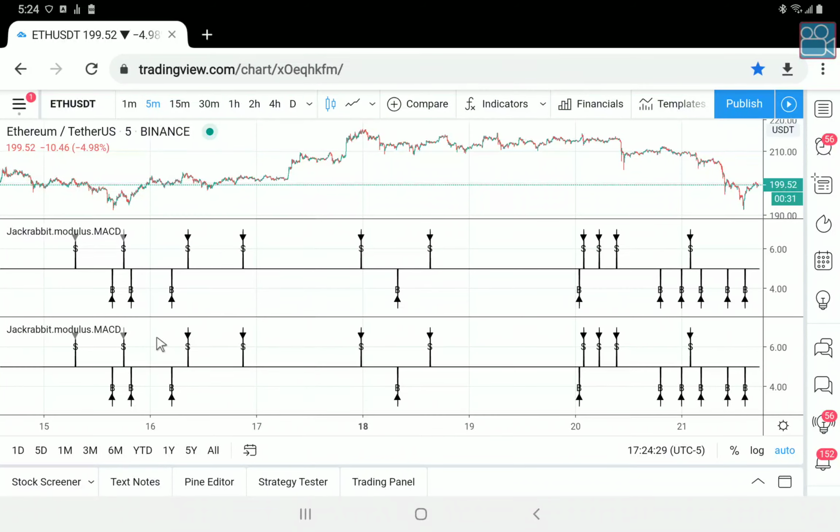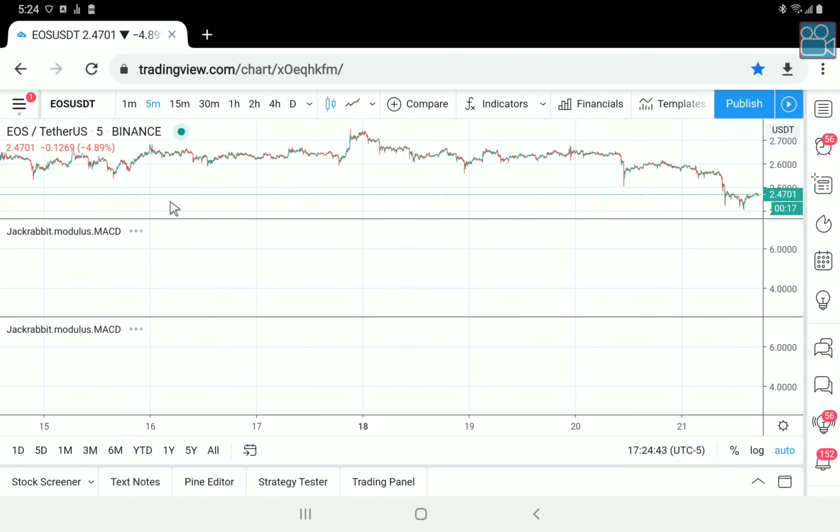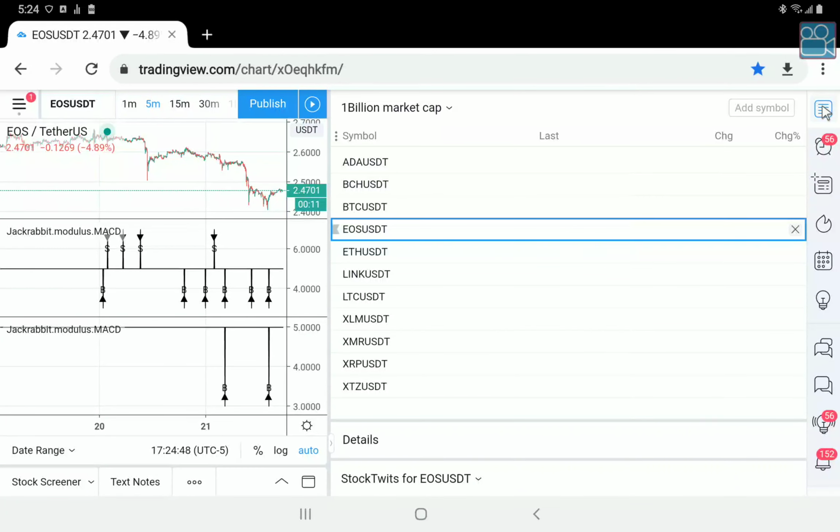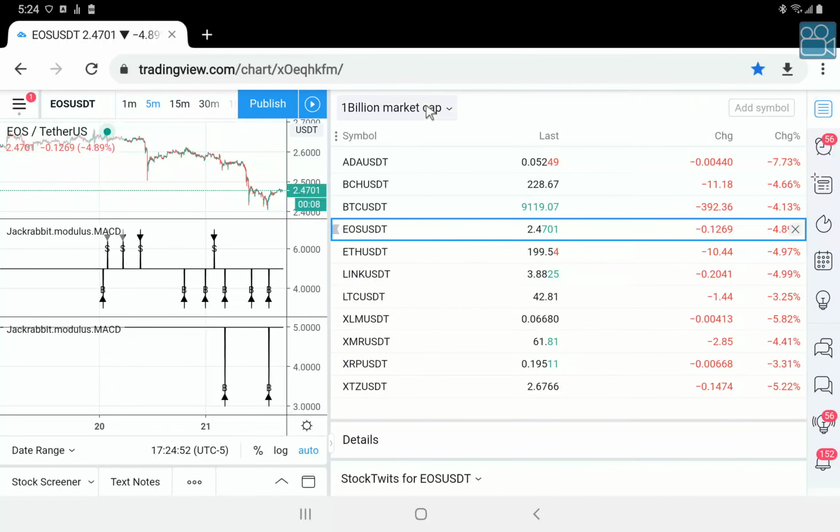Some coins, like here, Ethereum. Of course, this is going to show up badly because it's the coin we're trading against. This is exactly why you can't use this coin when you're working with it. But you can pick. Let's go to some of the lesser coins.